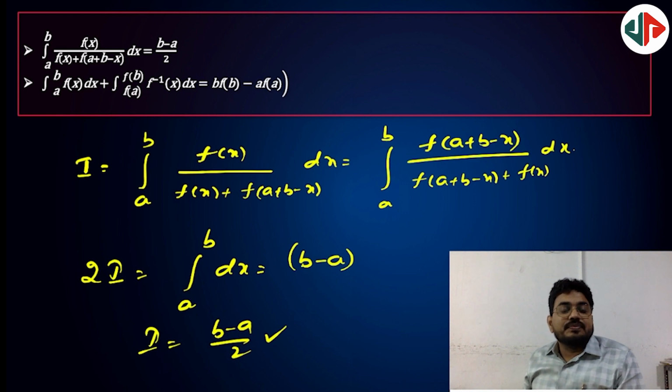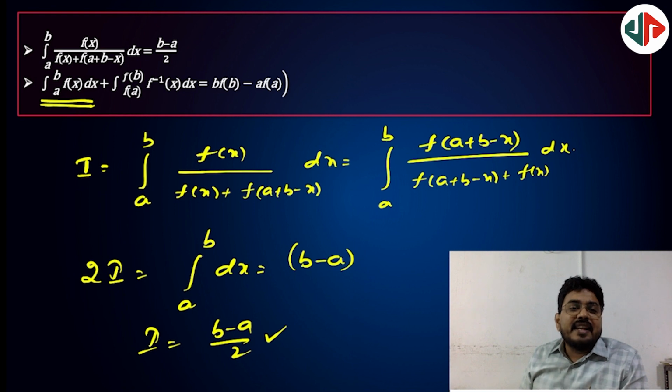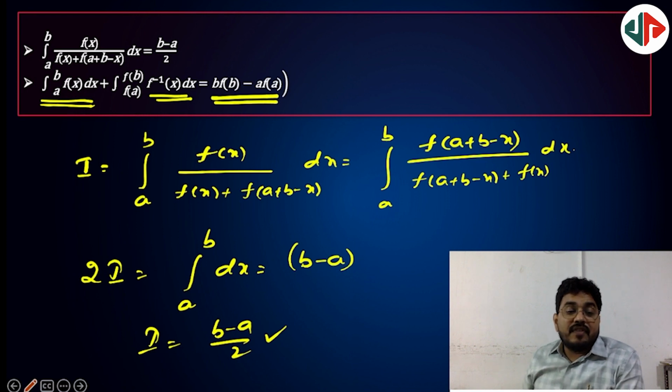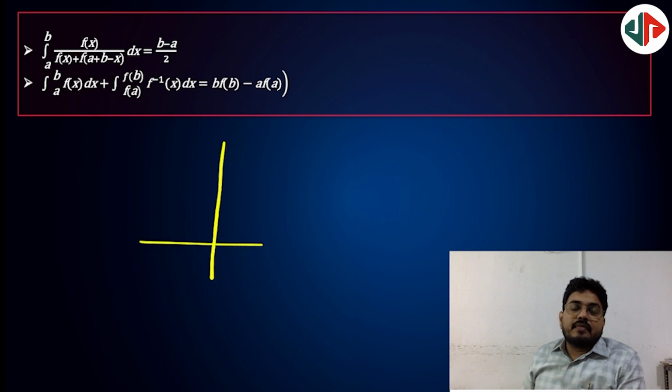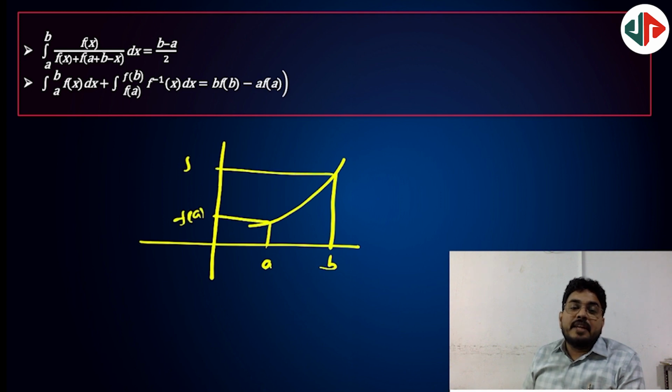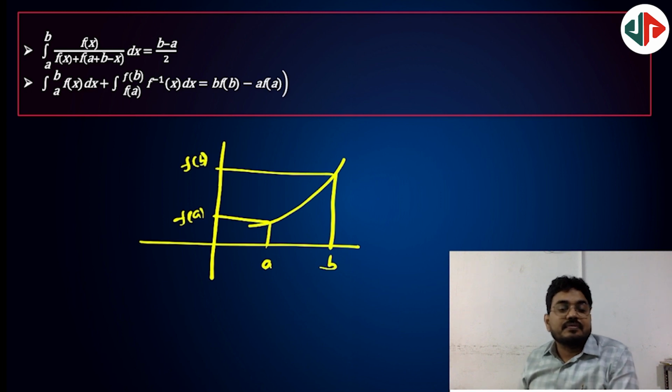And this: integral a to b of f of x dx plus integral f of a to f of b of f inverse of x dx is equal to b into f of b minus a into f of a. What is this? This is like y is equal to f of x. This is the a value, this is the b value. So the corresponding values are f of a and f of b, and then f inverse of x.